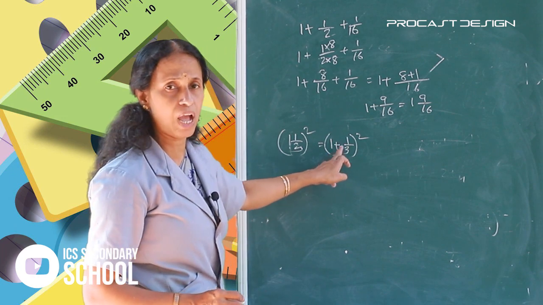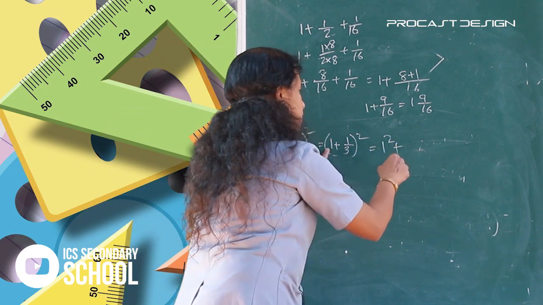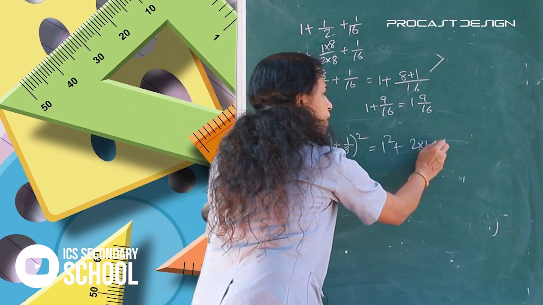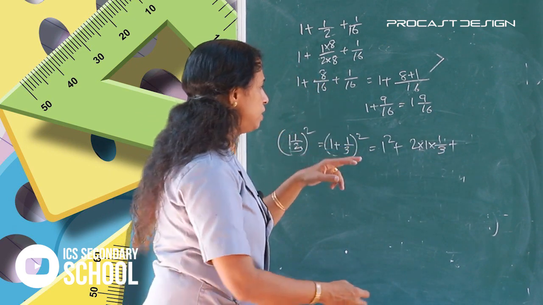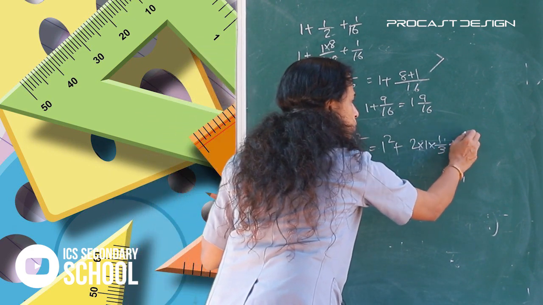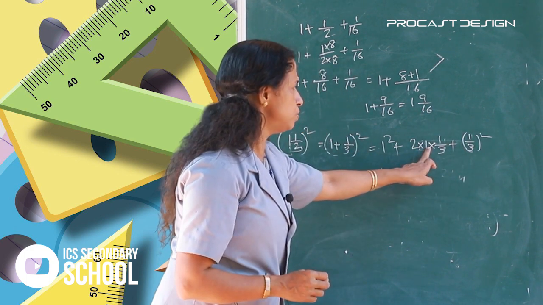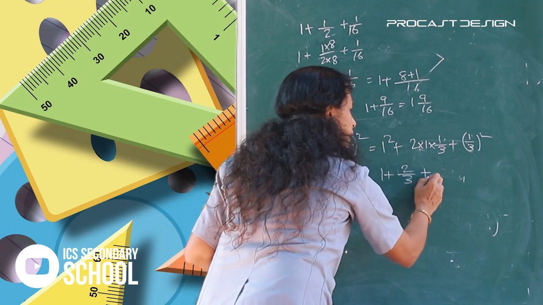Here a equal to 1 and b equal to 1 by 3. A square is equal to 1 square, plus 2ab, 2 into 1 into 1 by 3, plus b square is equal to 1 by 3 square. 1 plus 2 into 1 into 1 by 3 is equal to 2 by 3 plus 1 by 9.